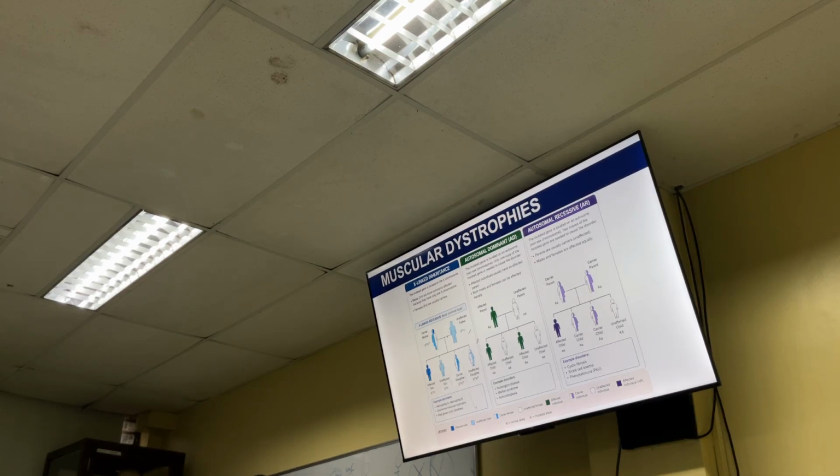The affected manifestation is the son, because he has only one X. So if he gets the affected X or mutated chromosome, most likely they will have a diagnosis. But in the daughter, if she gets the affected X, she still has another X, which is normal, from the father.